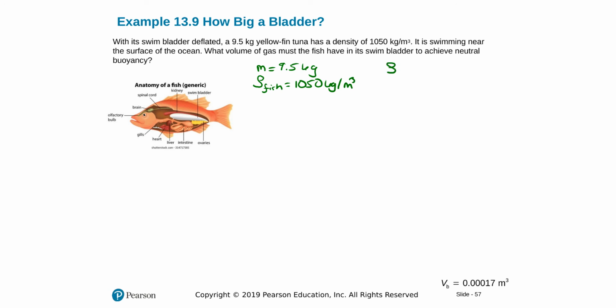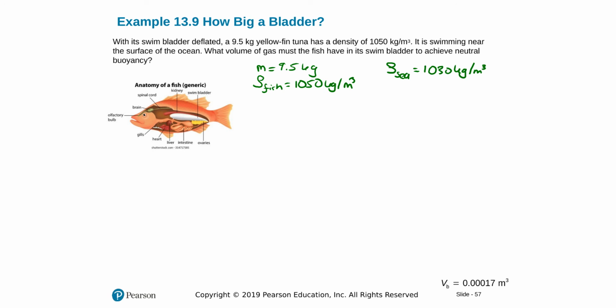The density of the sea or ocean is slightly different than water. It's generally salty, and it's 1030 kilogram per meter cube. And I'm just going to check the number there.